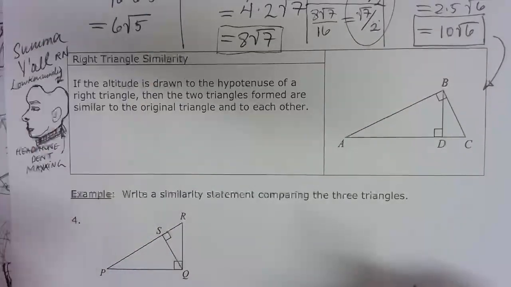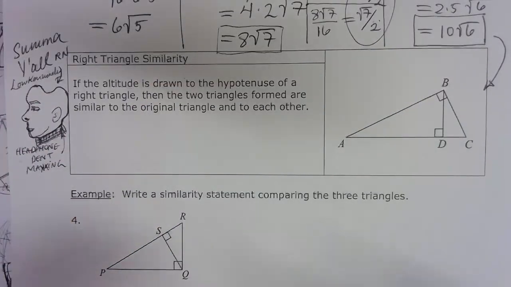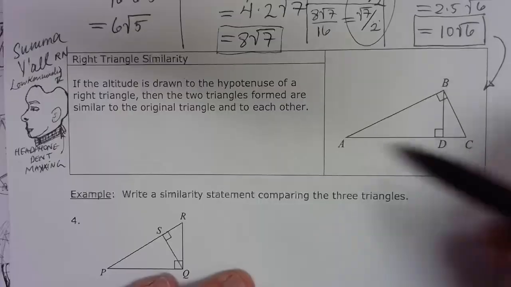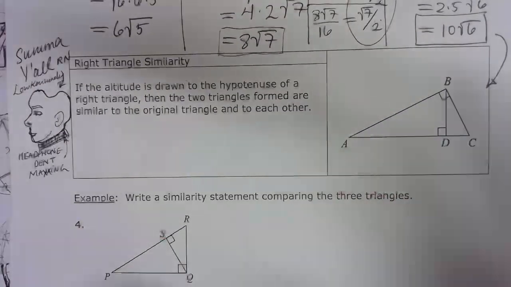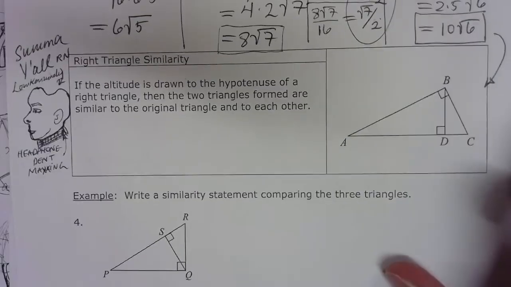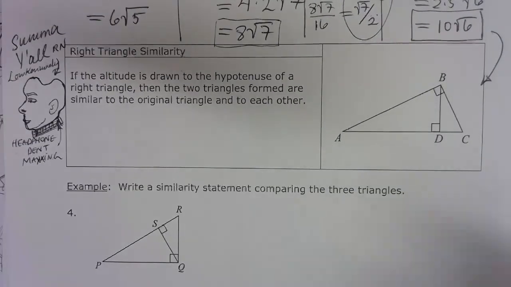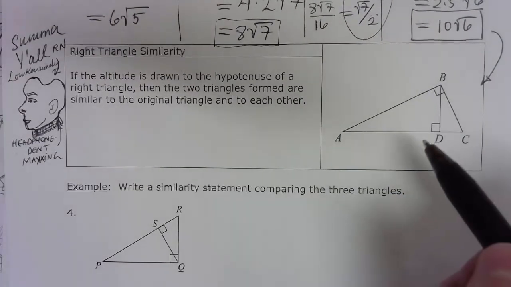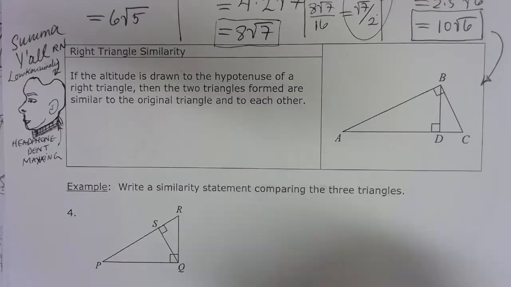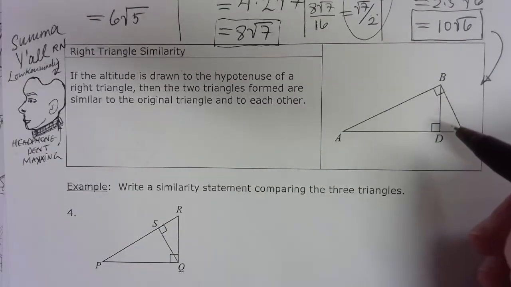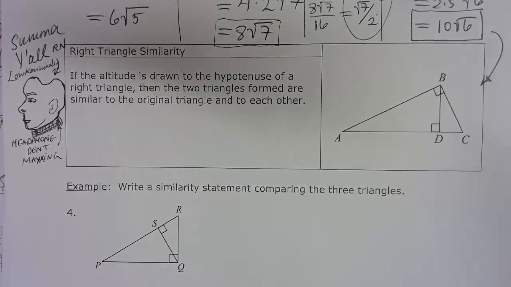If you're the kind of person who can look at this triangle, take it apart in your head and flip it around and move it around, then awesome. Just do triangle similarity. It'll never fail you. So there's no reason to need to memorize all those rules. However, if you're an algebra person and memorizing things is easy for you, then that's the easy route.